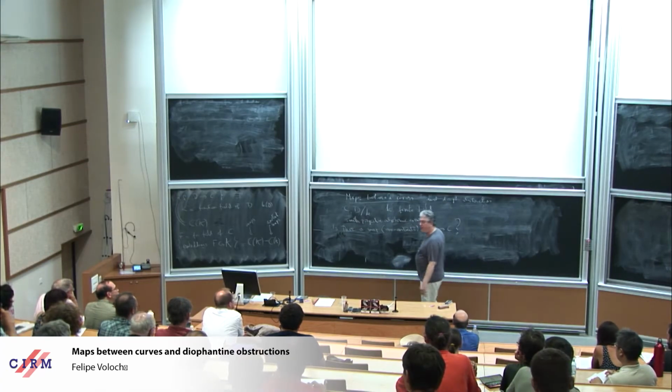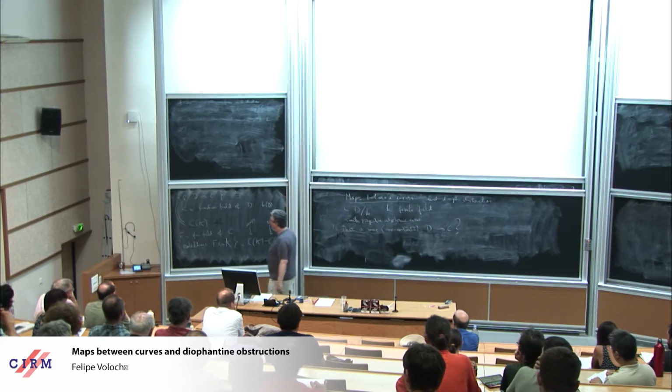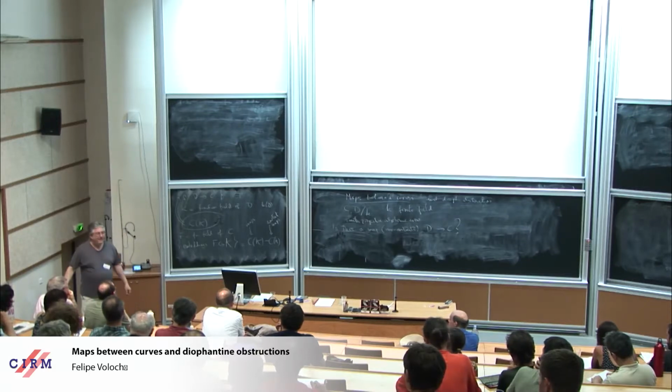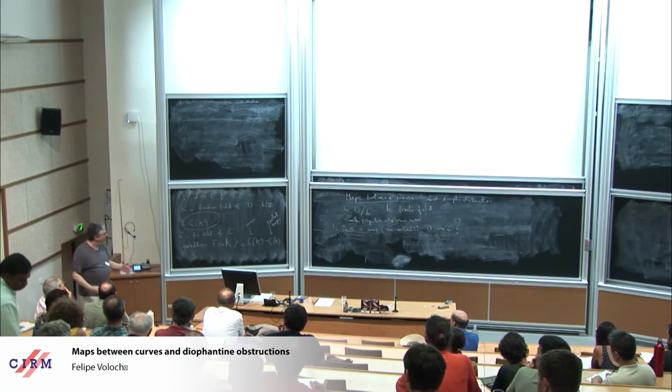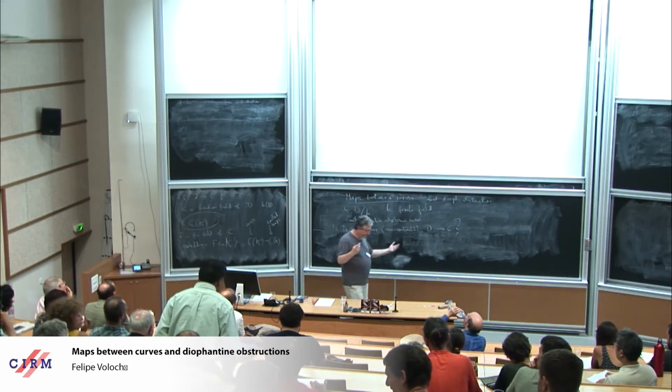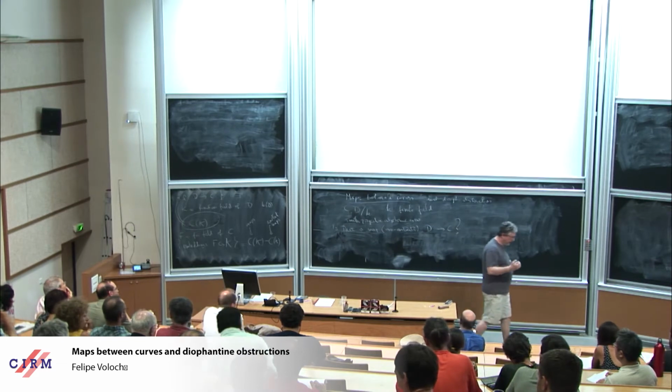When I originally planned my talk, I was going to spend most of my time here. But this is work in progress, and I'm going to be talking about a bunch of conjectures, actually. Maybe there are a few theorems that I'm going to mention.